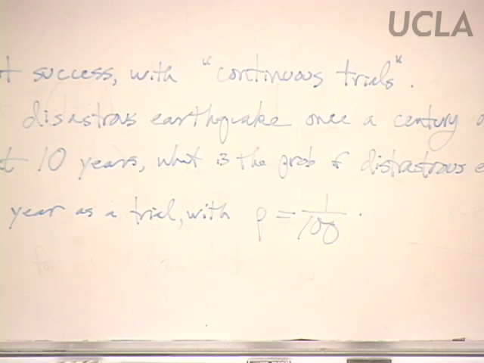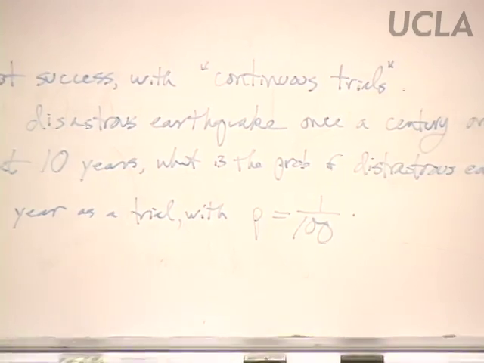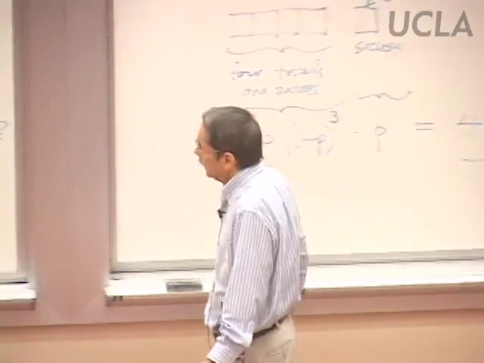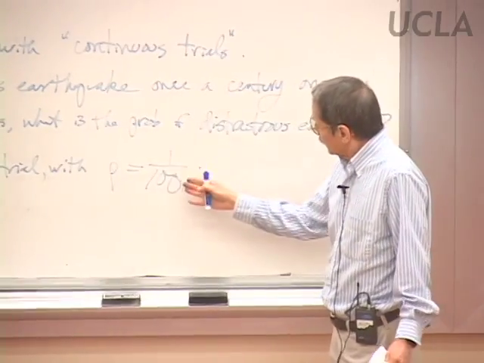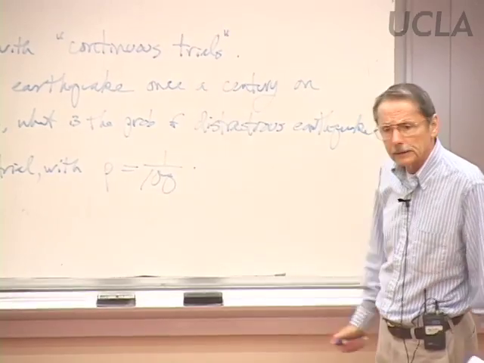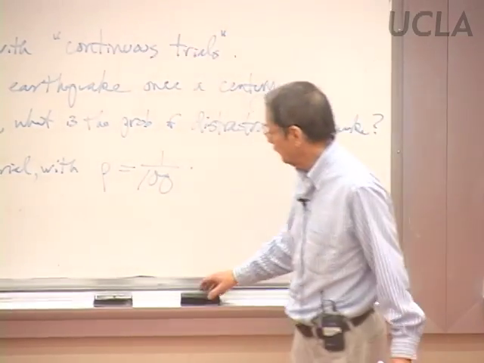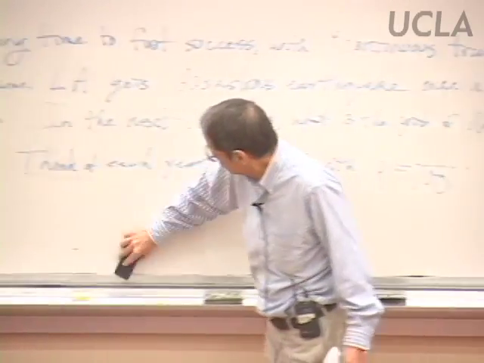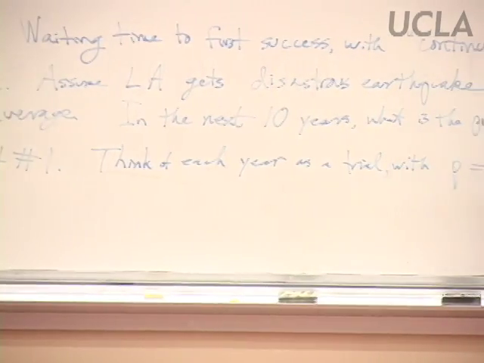There's no particular pattern to the earthquakes. One year is as likely as another. But from what we're told, it's reasonable to think that each year might have about 1 chance in 100.